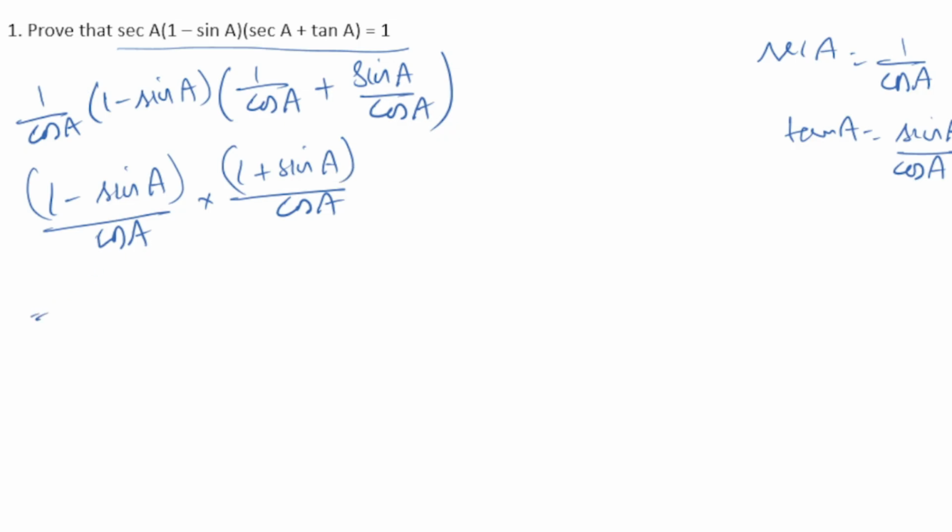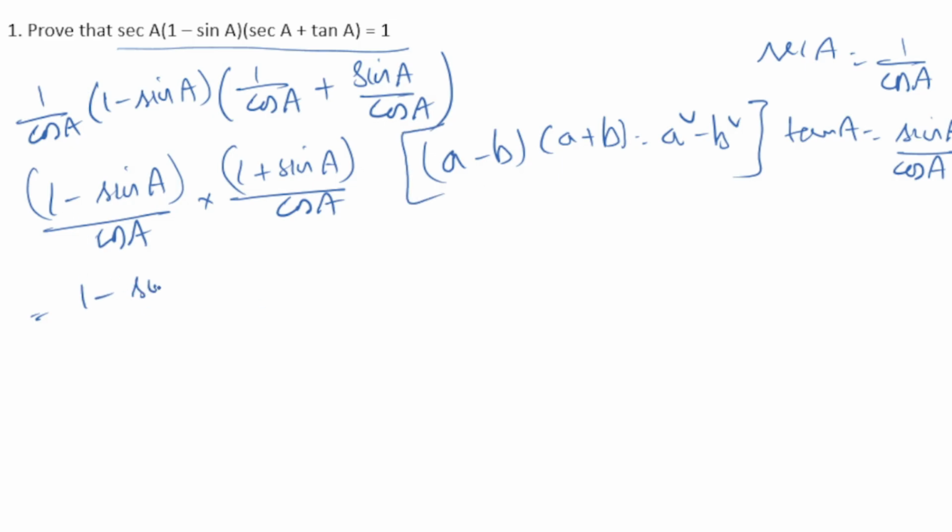It is (1 minus sin A) into (1 plus sin A). It is A minus B into A plus B, which is A square minus B square. Okay. So it is (1 minus sin square A) divided by cos square A.